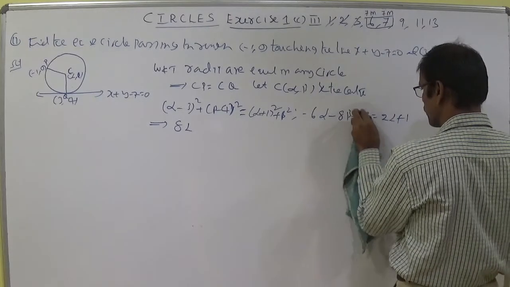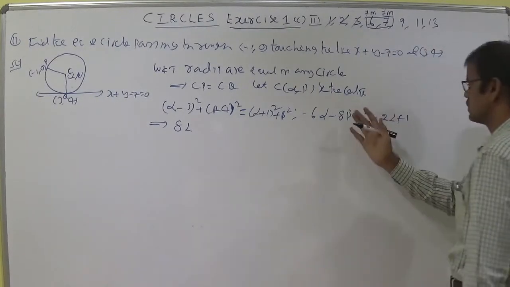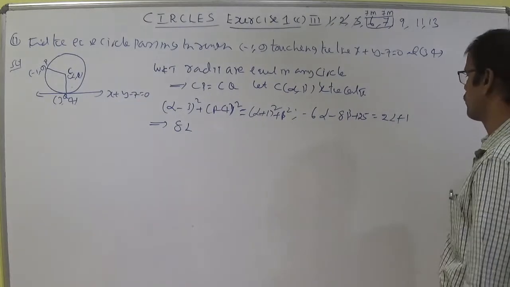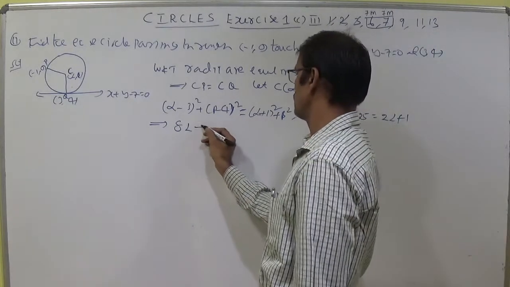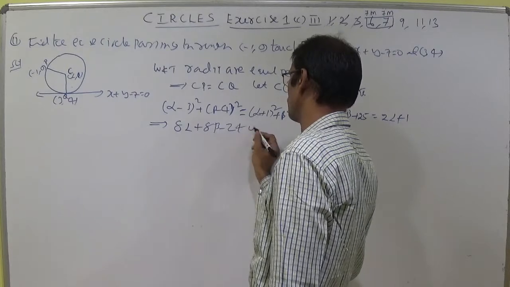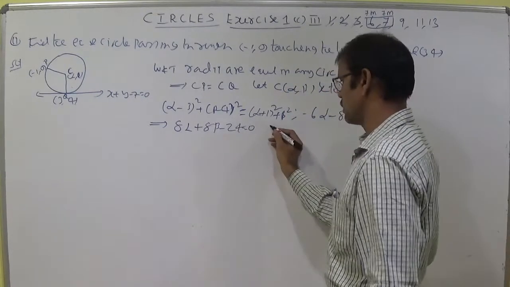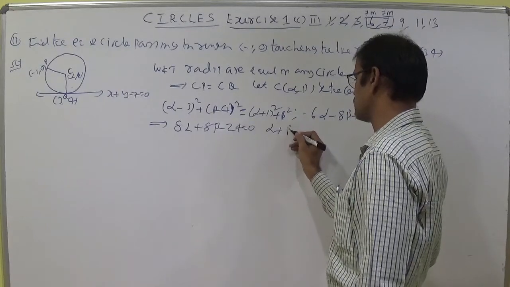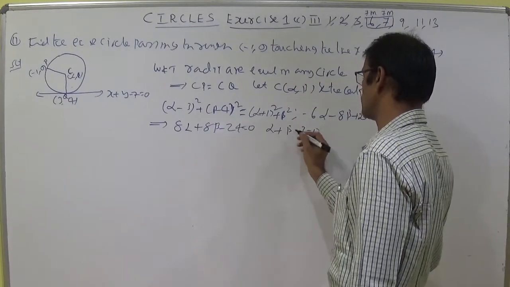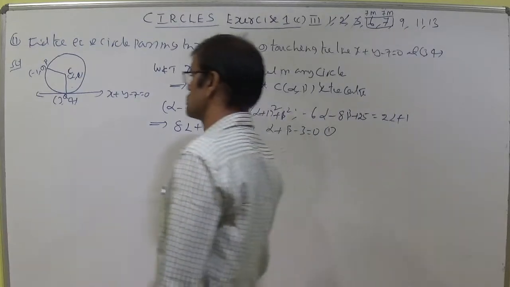This one taken this side becomes 8 alpha plus 8 beta minus 24 equal to 0. If you divide this by 8, you can write alpha plus beta minus 3 equal to 0. Let it be the first equation.